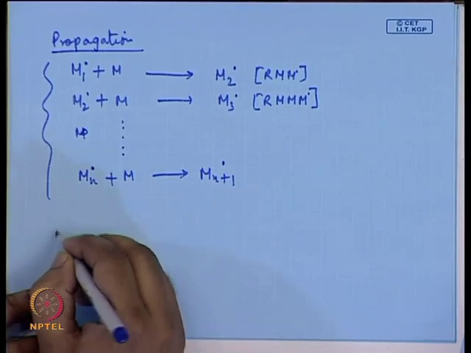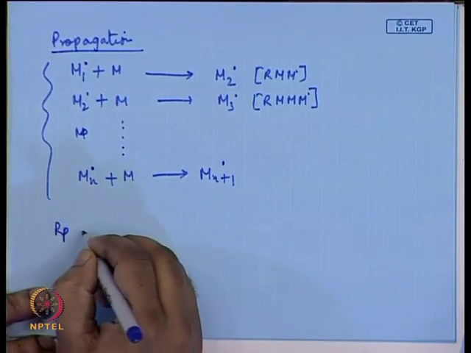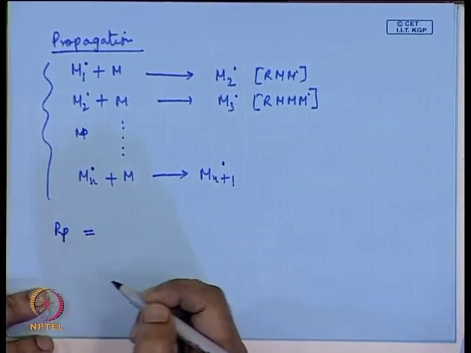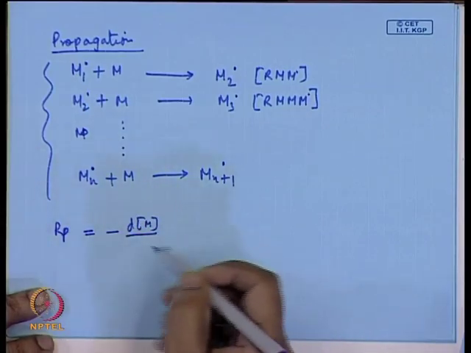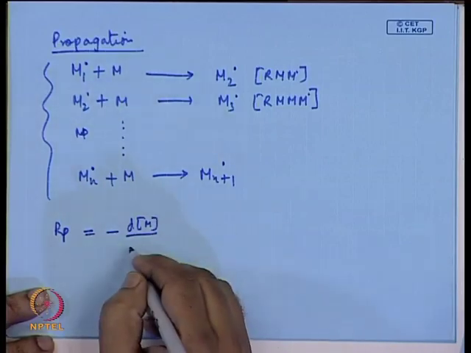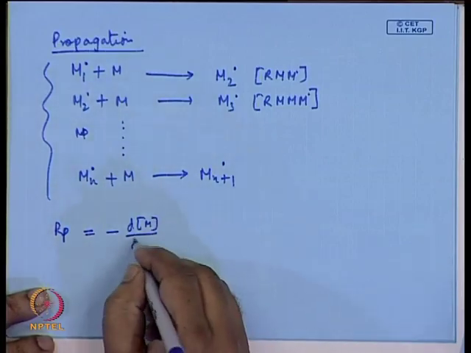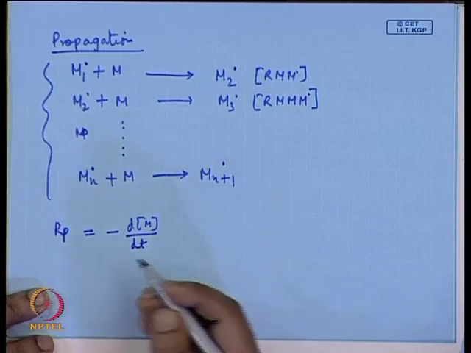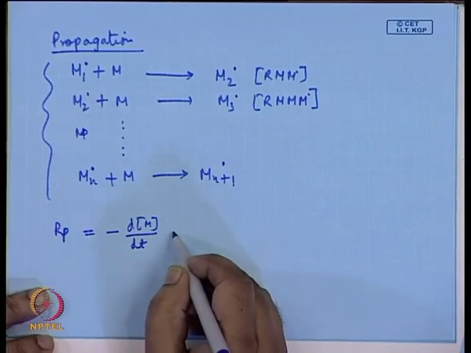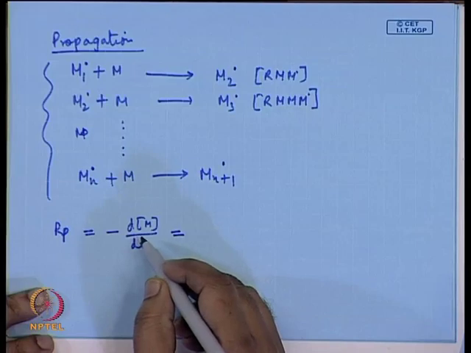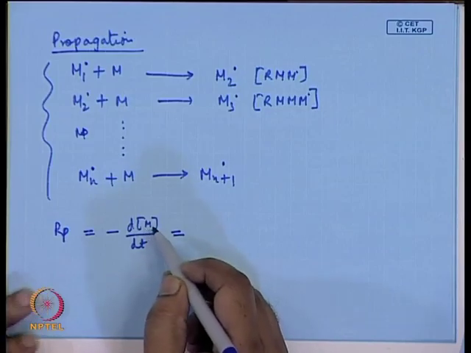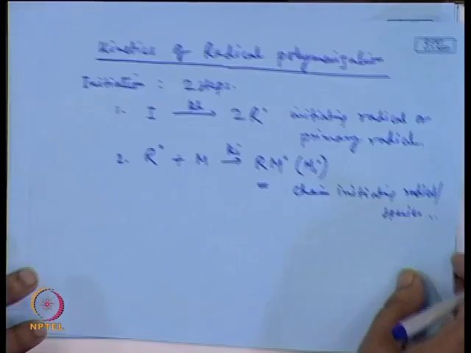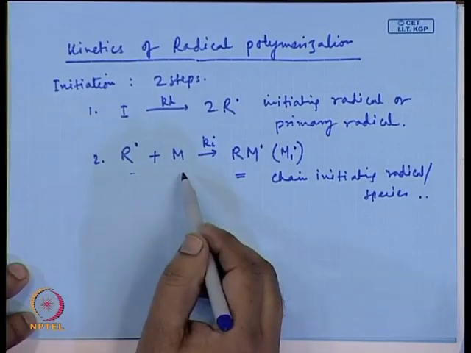Now, rate of polymerization Rp is given by rate of consumption of monomers. It is assumed that the monomers which are getting consumed are reacting and becoming part of the polymer. Now, what are the reactions in which the monomer is getting consumed? In the initiation reaction the monomer is getting consumed.